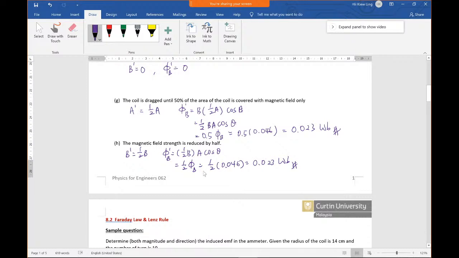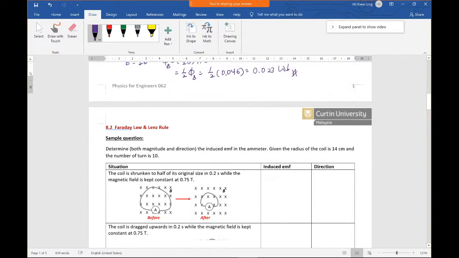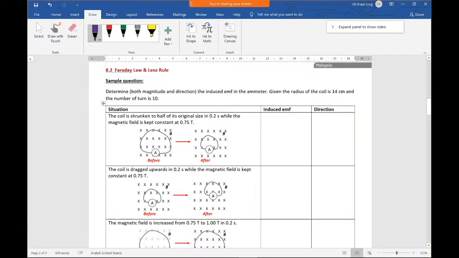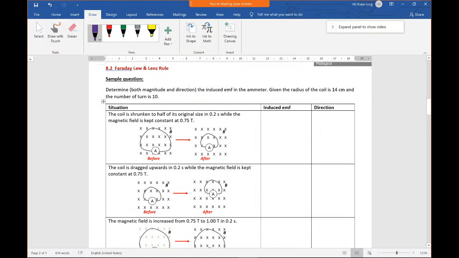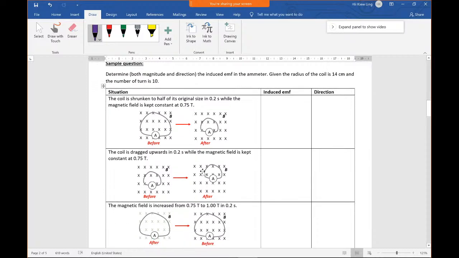So once we know how to look for magnetic flux, now let's apply it in Faraday's law calculation and use Lenz's rule to look for the direction.